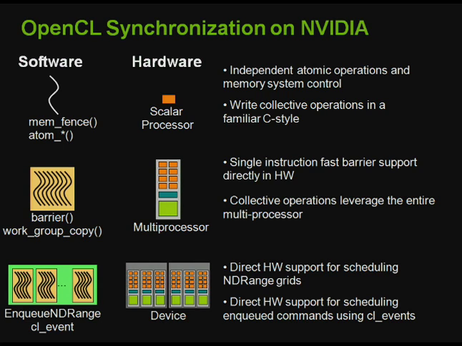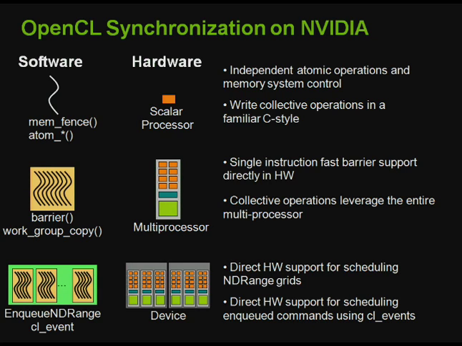There's the ability to write collective and atomic operations in a very familiar scalar C style in a single thread. Single instruction fast barrier support directly in hardware to implement the workgroup barrier function in OpenCL. And collective operations in OpenCL that leverage the entire workgroup's resources.